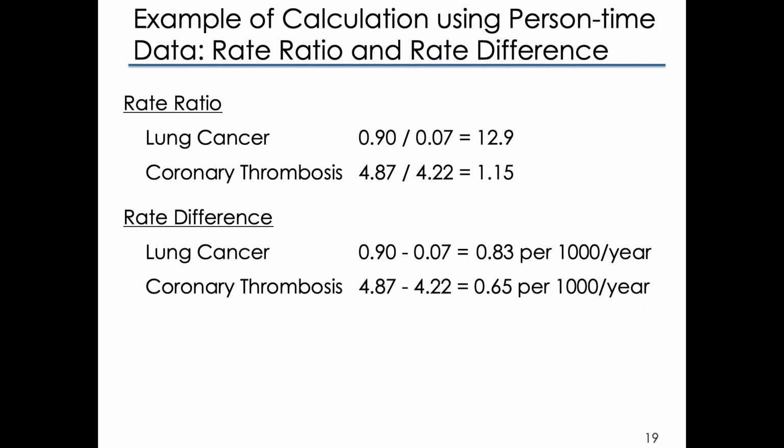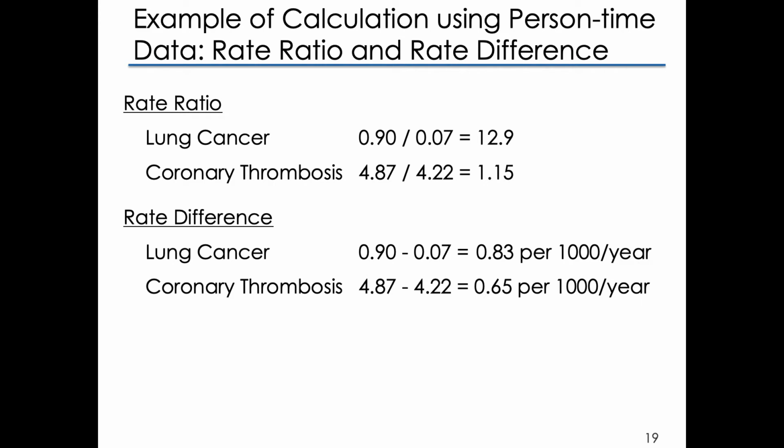If you really wanted to make a strong point about lung cancer and smoking, that rate ratio of 12.9 shows people are increasing the risk of dying of lung cancer by more than 10 times by smoking. They're only increasing the risk of coronary thrombosis death by about 15%. But if you go down to the rate differences, it shows that smoking is responsible for about 1 lung cancer death, 0.83, rounding off to 1 per 1,000 person years.